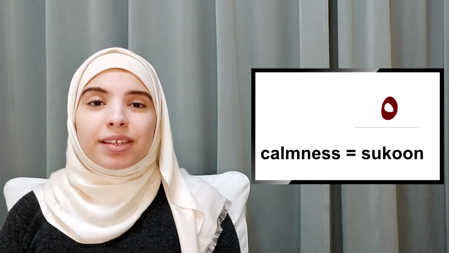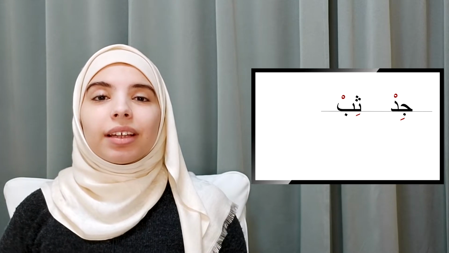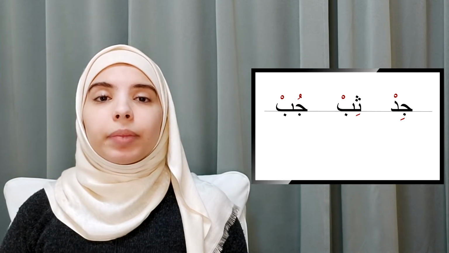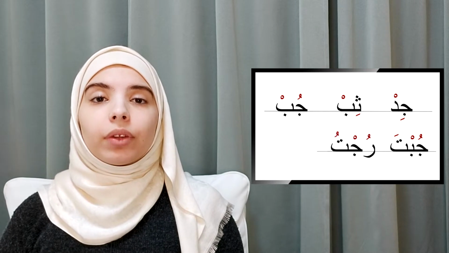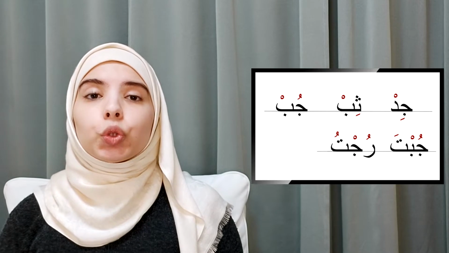We write sukoon on the top of letters. Let's see examples. Jid. Thib. Jub. Jubta. Rujtu.